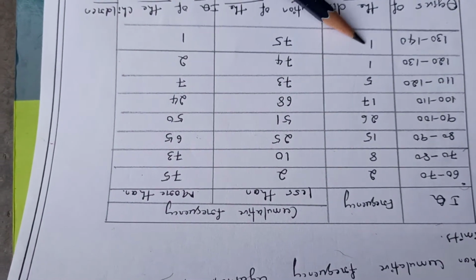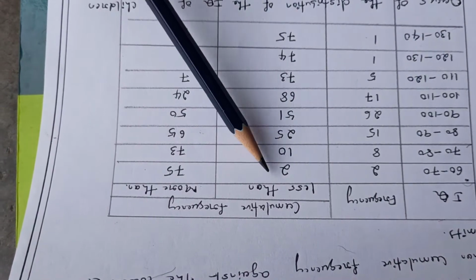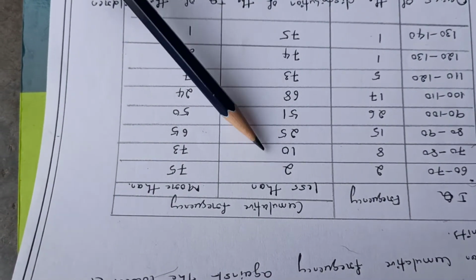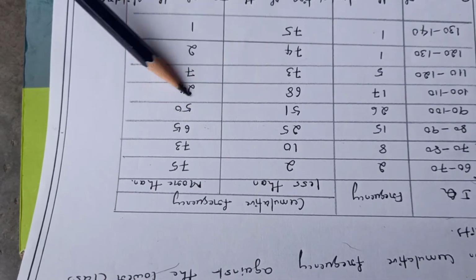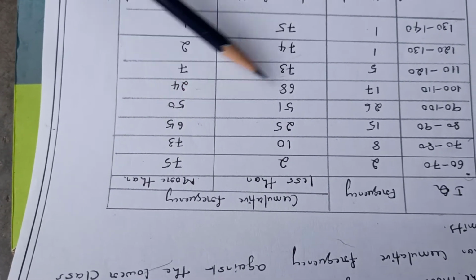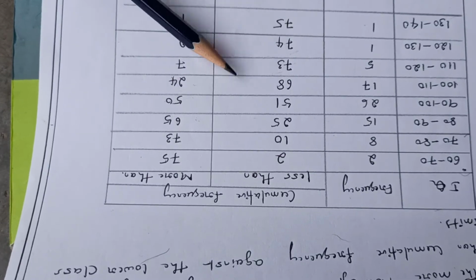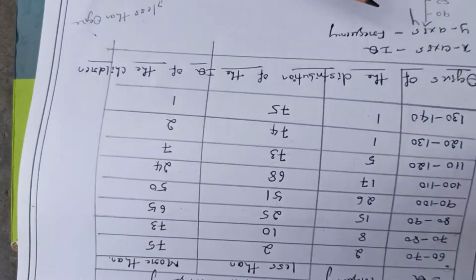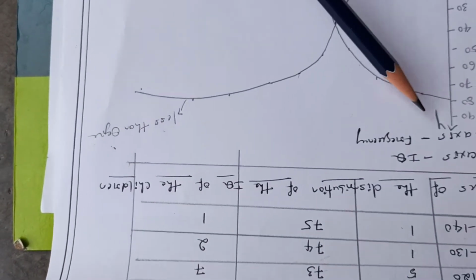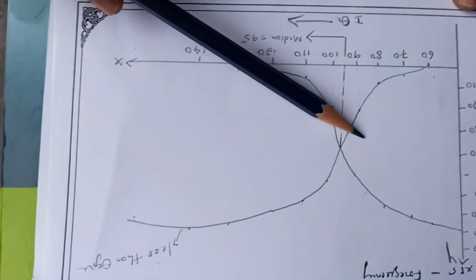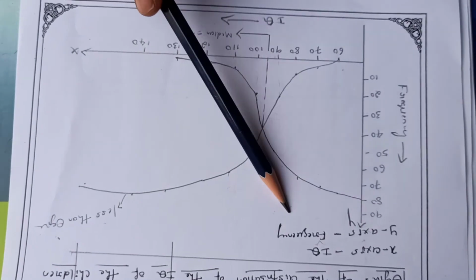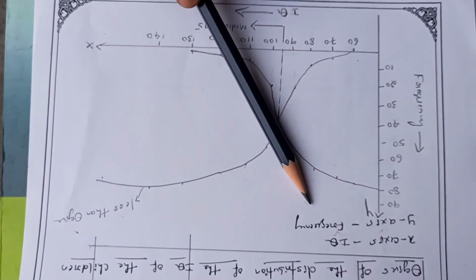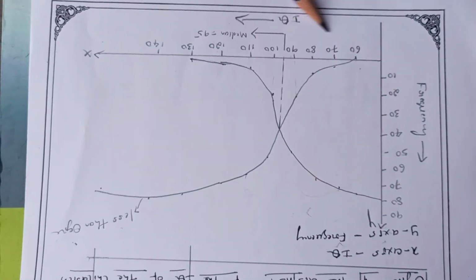Here you first have to create the less than series and then the more than series, which I have shown in the previous video, and you will get these answers. After this, we plot the ogives of the distribution of IQ of children in a graph. Along your x-axis you take the IQ, along your y-axis you take the frequency, and you will get a graph like this.